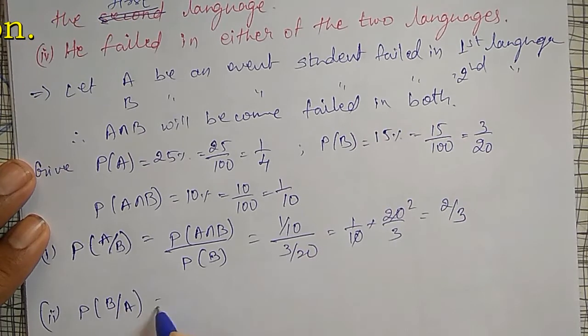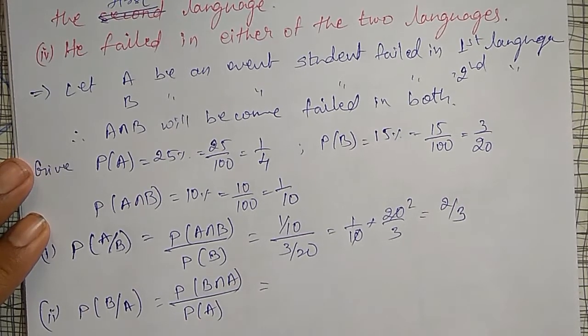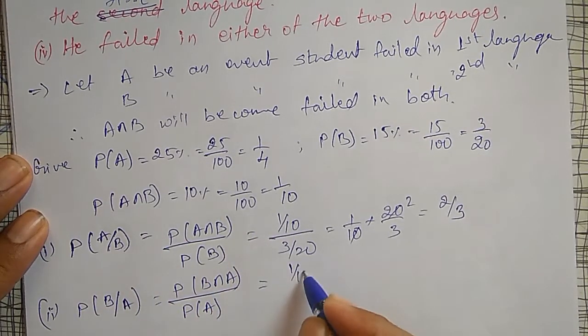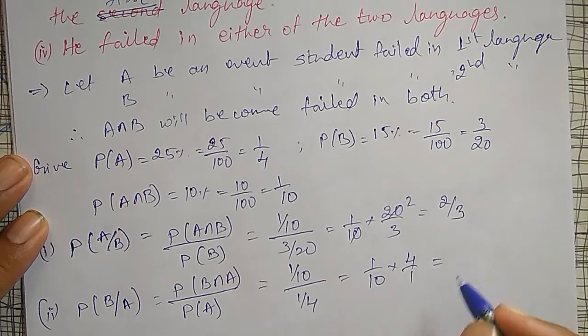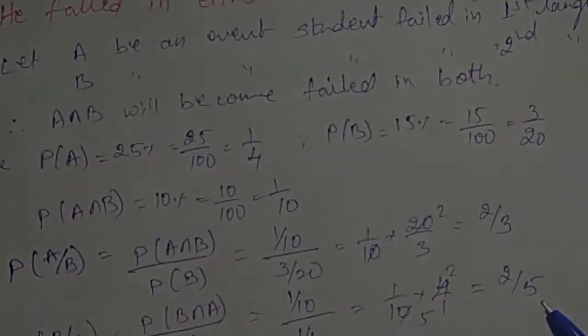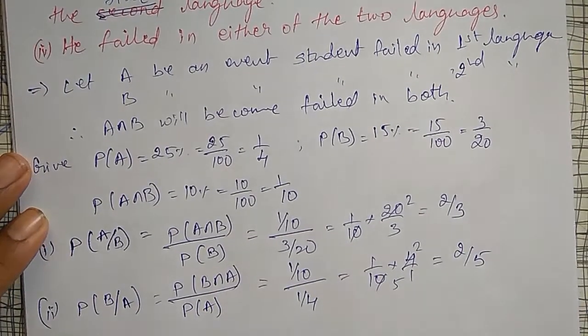I have to calculate B relative to A. That is probability of B intersection A divided by probability of A. Probability of A intersection B and B intersection A are one and the same. That is given by 1 by 10. Probability of A is 1 by 4. 1 by 10 into 4 by 1, that is 2 by 5. Like that.